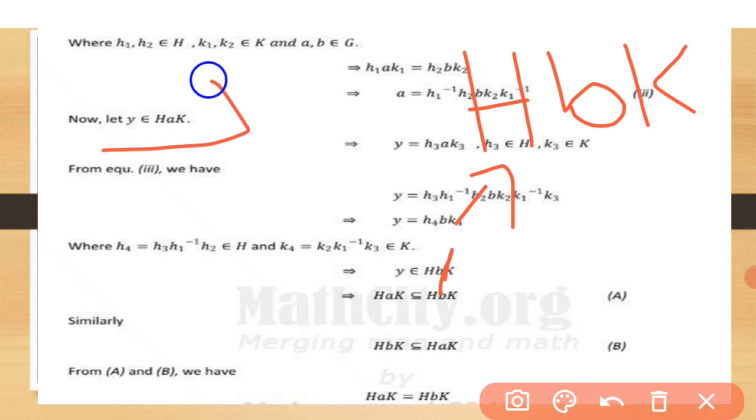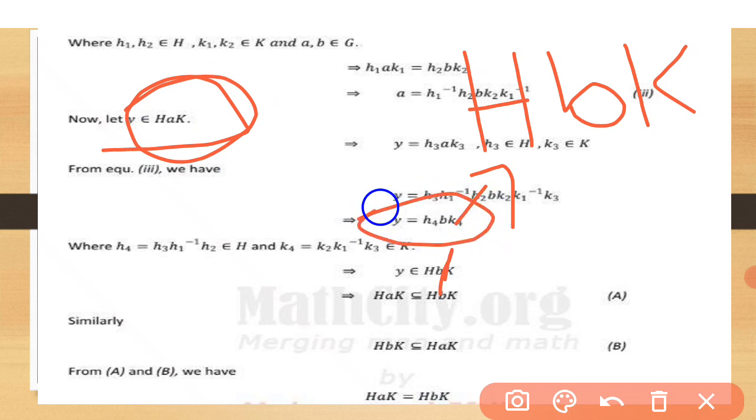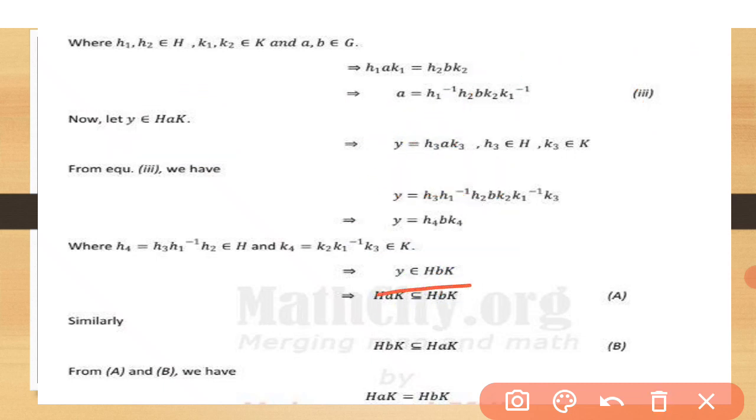But we supposed that Y belongs to HAK. And here we conclude that Y belongs to H4 B K4, meaning Y belongs to HBK. It means that HAK is contained in HBK or HBK is contained in HAK. It means that HAK is equal to HBK.